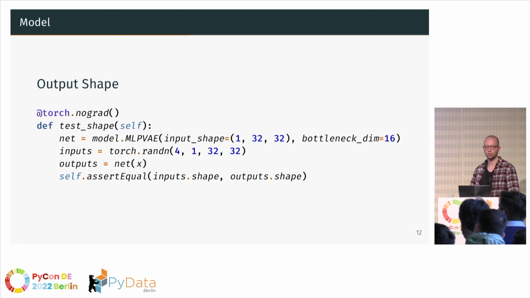This is the torch no-grad decorator, which just disables the gradient accumulation for PyTorch. We don't need this for this test, and it just makes it much faster because then PyTorch is just disabling all the tape stuff in the background and runs it just with a forward pass.